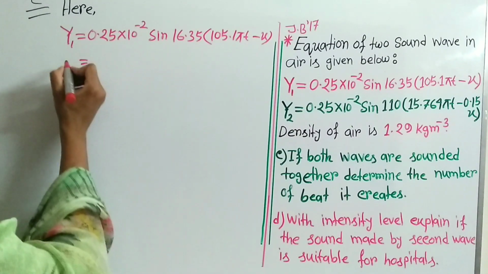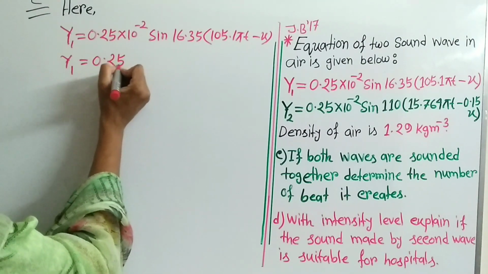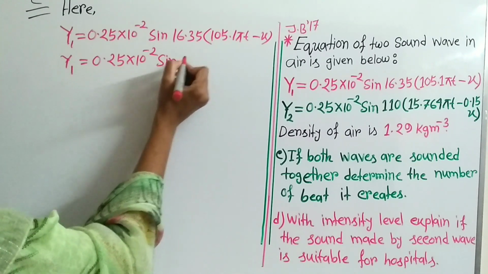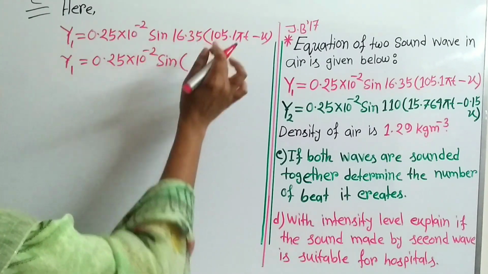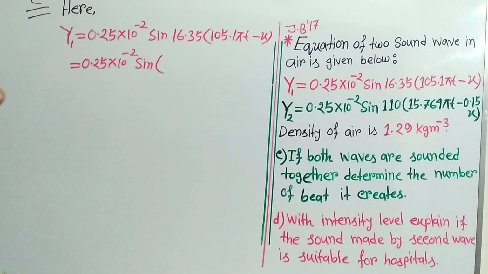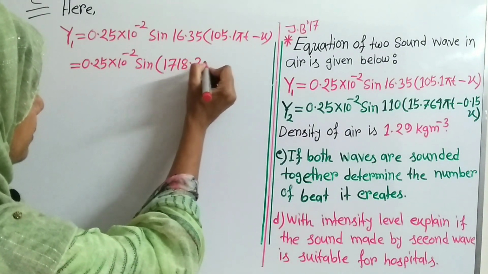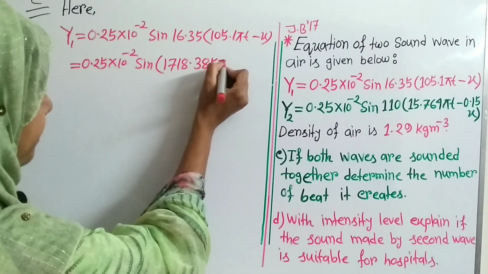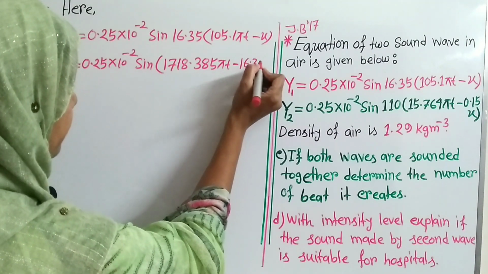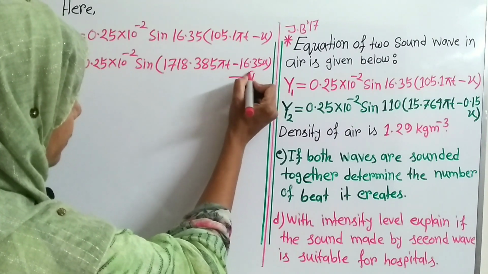So, the equation y1 will be 0.25 into 10 to the power minus 2 into sine. Now, if we multiply 16.35 with 105.1, then the result will be 1718.385 pi t minus 16.35 x. Now, mark it as equation 1.